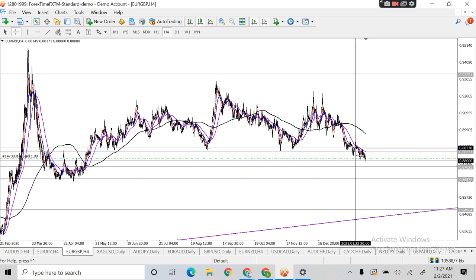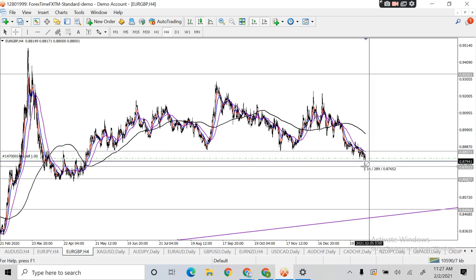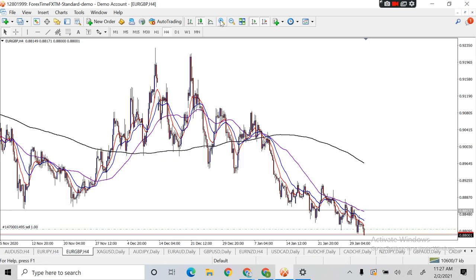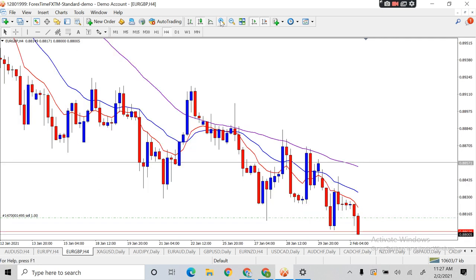Right now, where price is to the next possible support is about 33 pips, and for this pair, I don't think 33 pips is something that's going to be very hard to get. So the pair is selling all the way down.